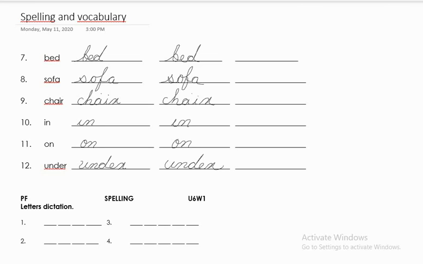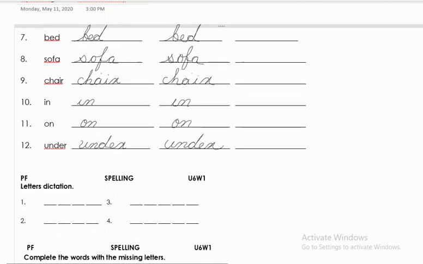And now we are going to go to this activity, the second one. Okay, you have this activity among your activities that you picked up from the school. So please take out this activity and I'm going to dictate to you a few letters, okay? And with the letters that I'm going to spell to you, you will have to complete a word, okay? So let me find this activity in my notebook, okay?